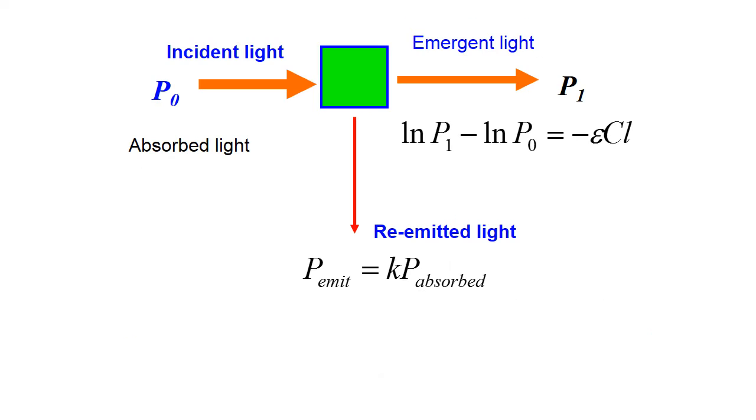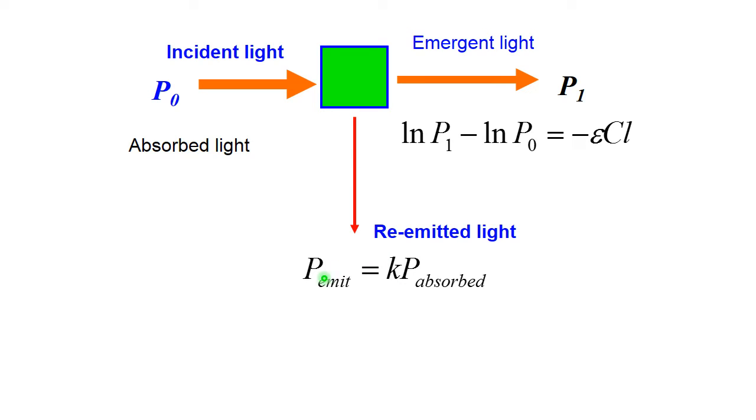Now let's look at some algebra. So incident light is coming into our cuvette, and emergent light is coming out the other side. So we have Beer's law to describe this. Now, from Beer's law, we know that ln P1 minus ln P0 will be negative molar absorptivity, concentration in molarity units, and length of cuvette.